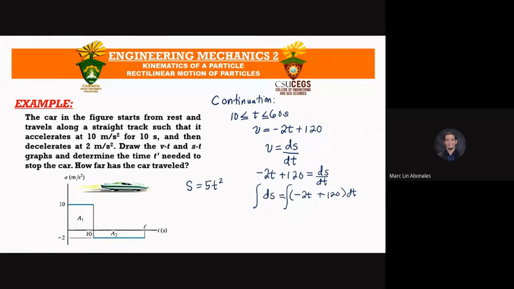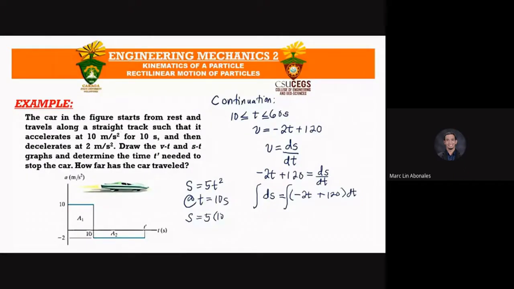So if we substitute the value of t, at t is equal to 10 seconds, that would be S is equal to 5 times 10 squared. So the position when the time is 10 seconds, that is 100 times 5. So that would be 500 meters. So the lower limit, during this time interval, when the time is 10 seconds, its position at that time is 500 meters.